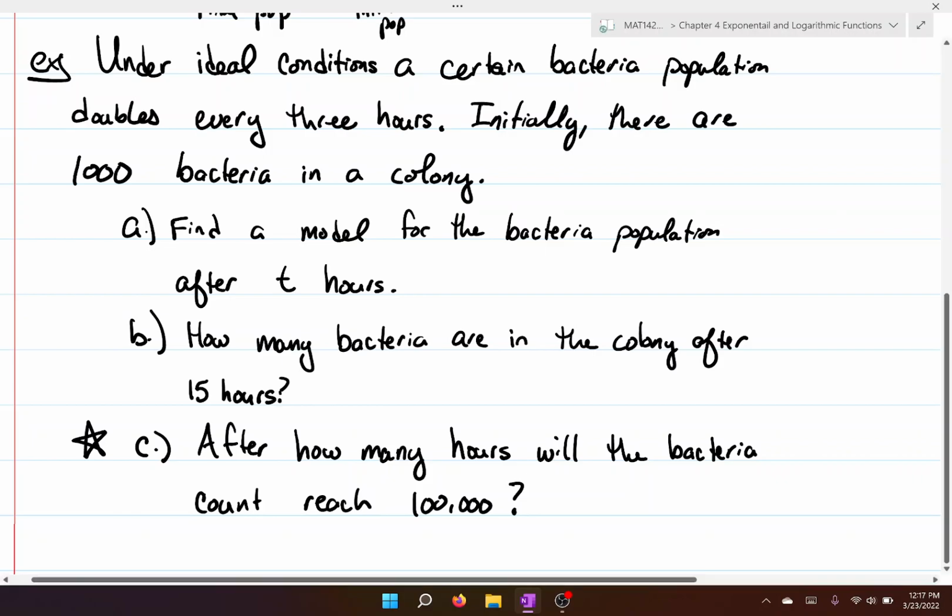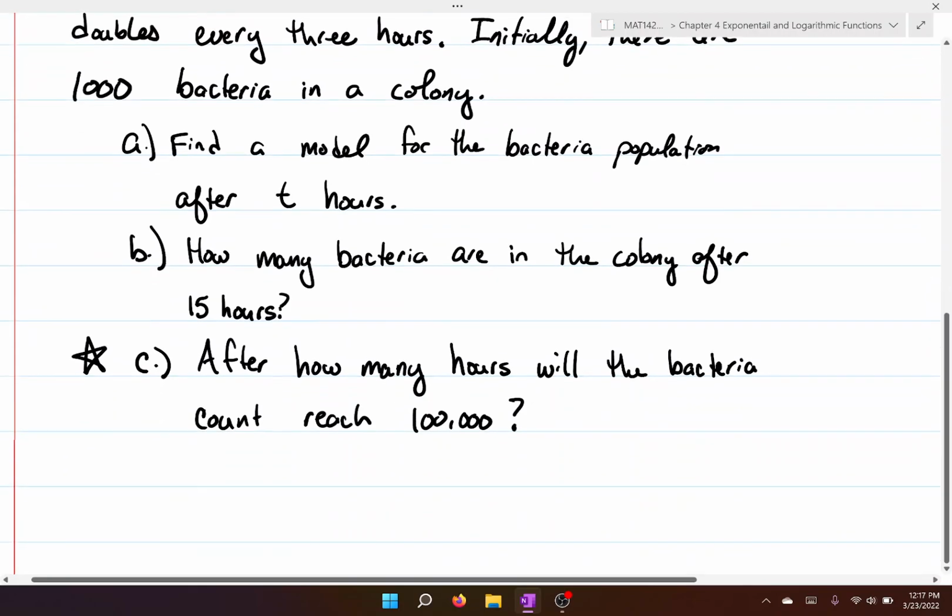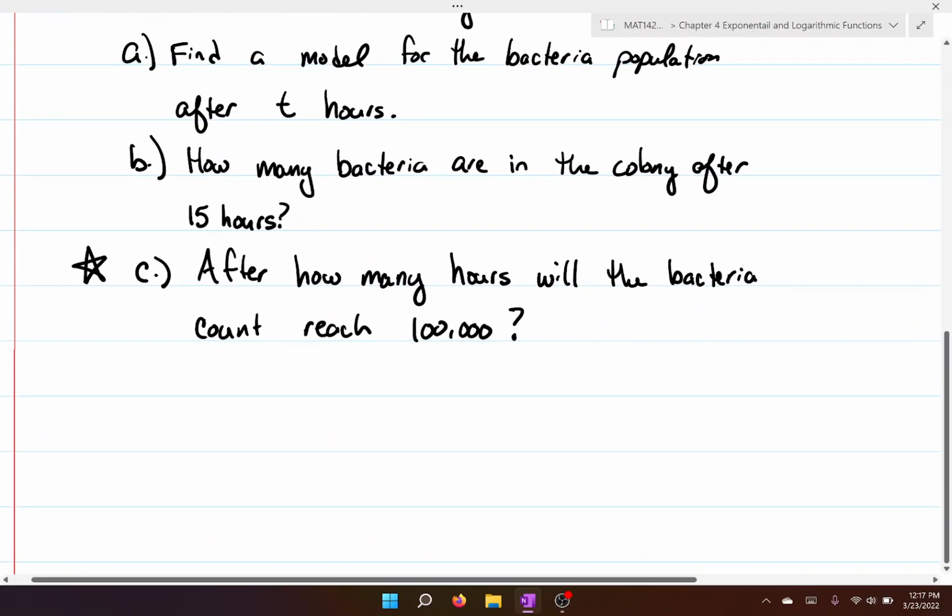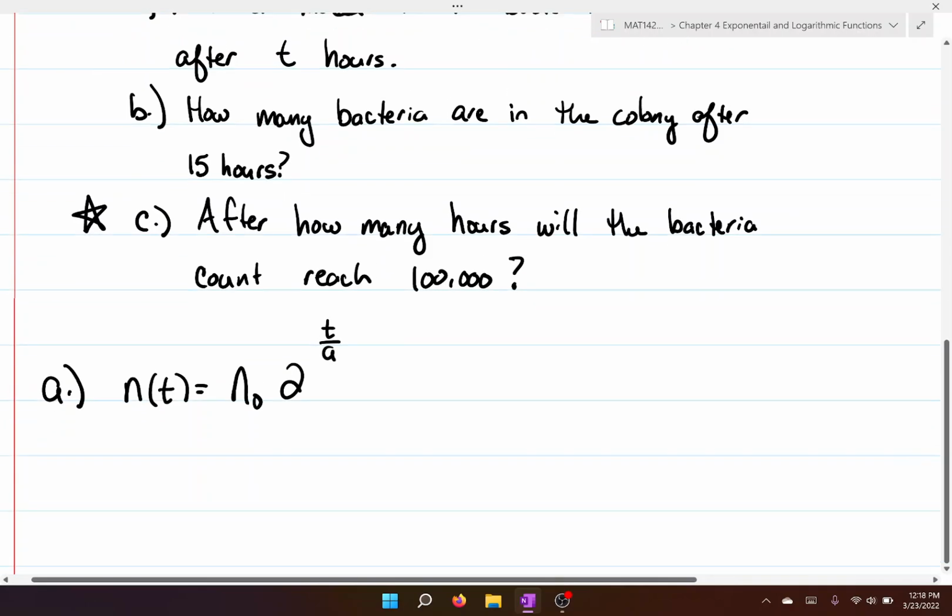Okay? So the first thing, we're going to do part A. So I'm just going to kind of scroll up here a little bit. So part A is find a model for the population after t hours. So remember, our initial model that we have from the definition is n of t is going to equal n sub 0 times 2 to the t over a.